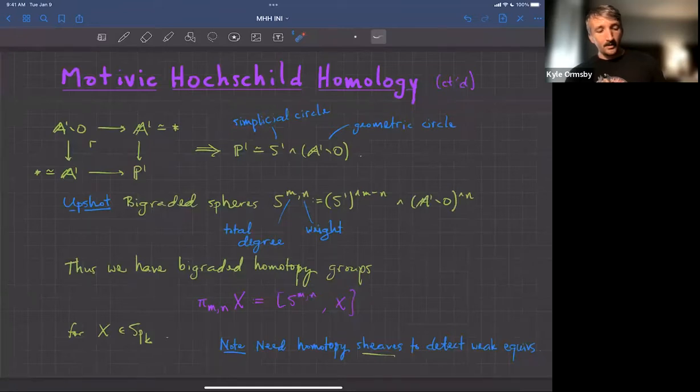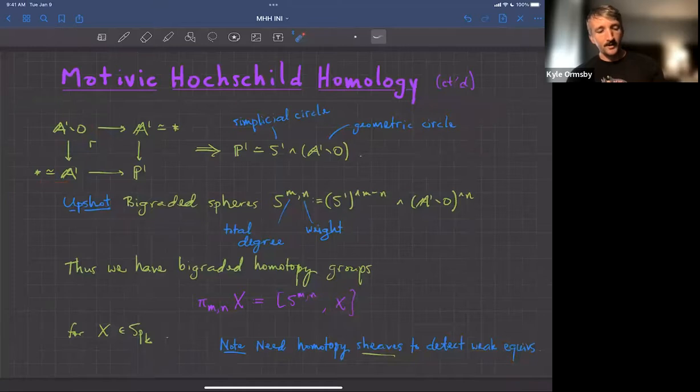Of course, in motivic spectra, that projective line actually splits into two pieces, its simplicial piece and its geometric piece. You can see that from the classical push-out description of the projective line as two copies of A1 glued along their common intersection.